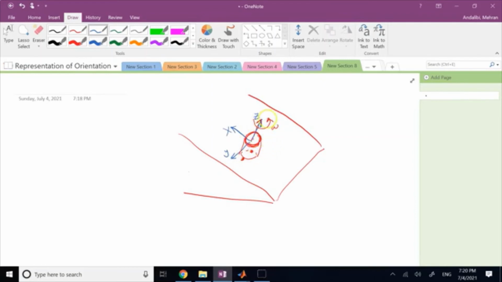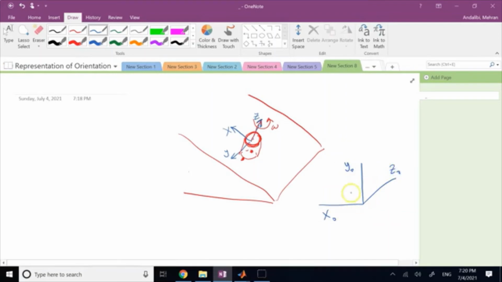But that z is clearly different if your inertial frame, with respect to which you want to report something, looks something like this, where you have x naught, y naught, and z naught.